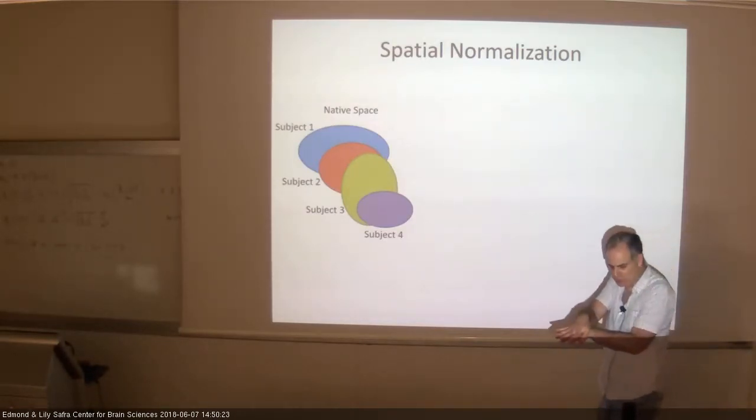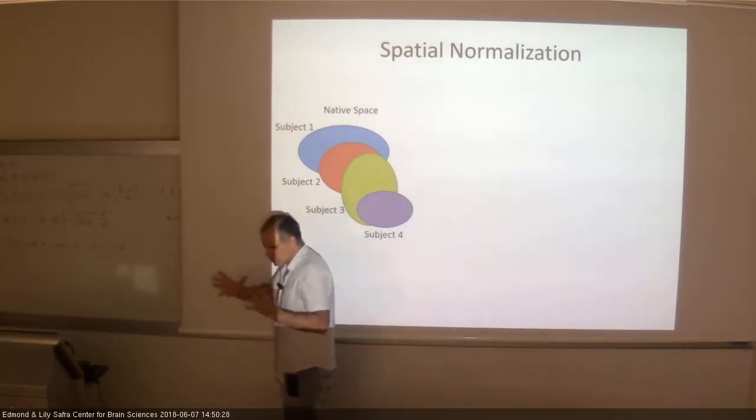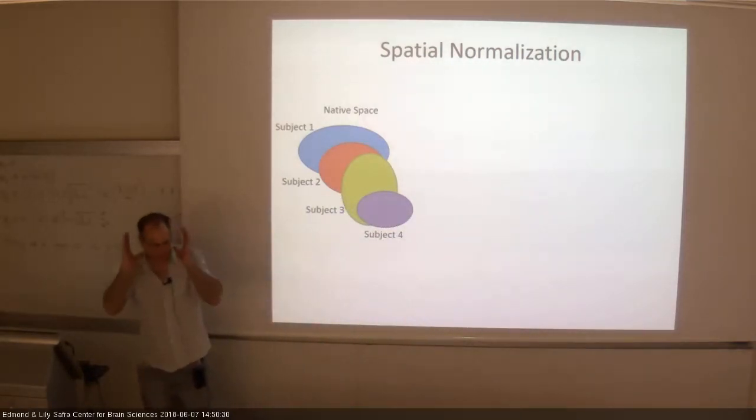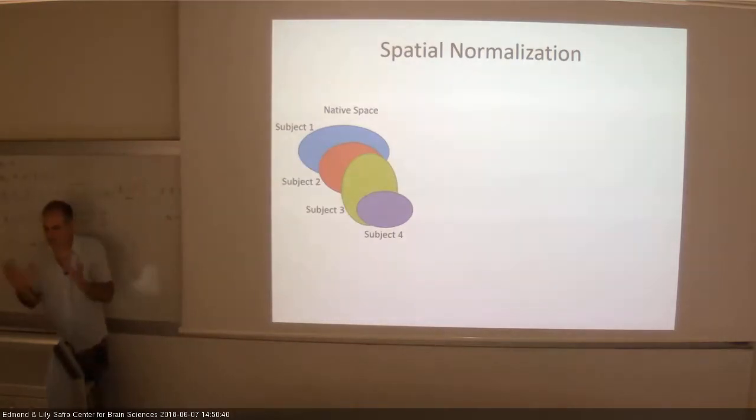It means that when the subject was in the scanner, the head was somewhere in the middle, and we put this box which we scan. This box has some X, Y, Z coordinates, but they are not exactly the same as a different subject, because the head is not positioned in exactly the same space, and the sizes of the head and the brain are different.